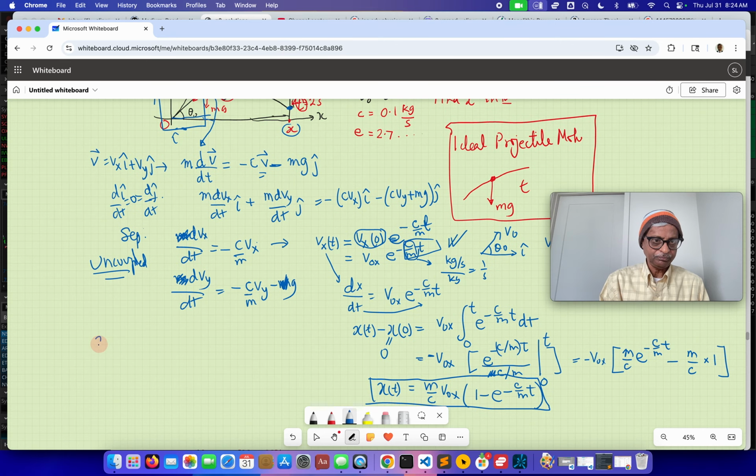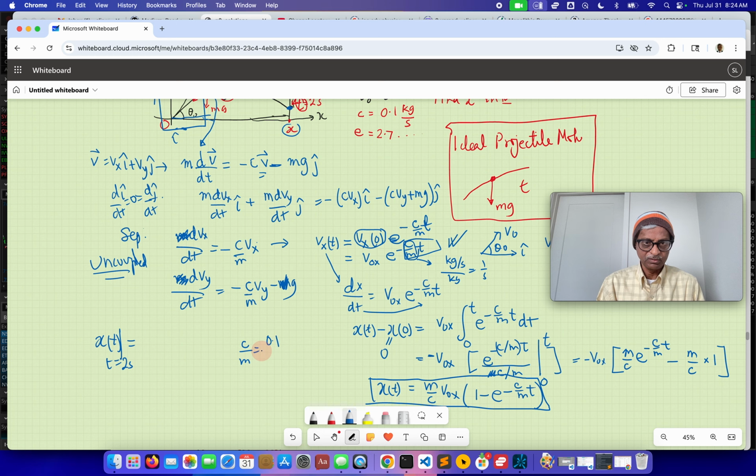So x of t at t equals 2 seconds. Okay, we need c over m and m over c. So let's compute c over m.